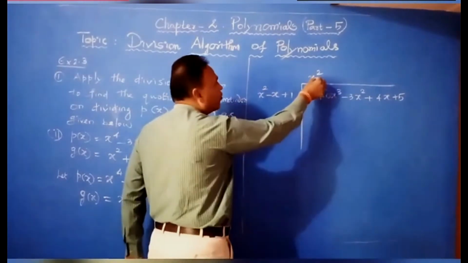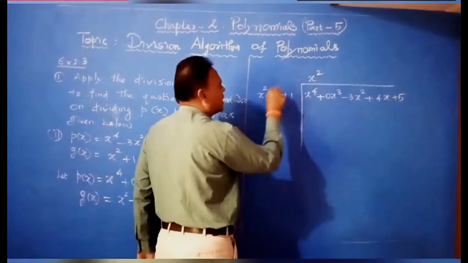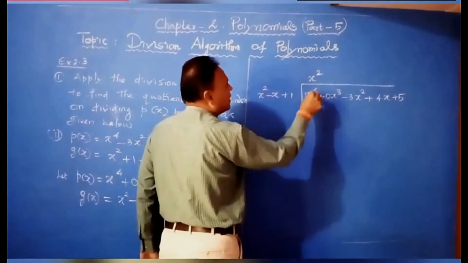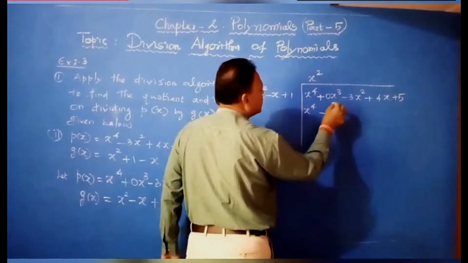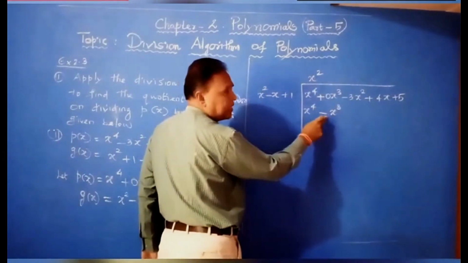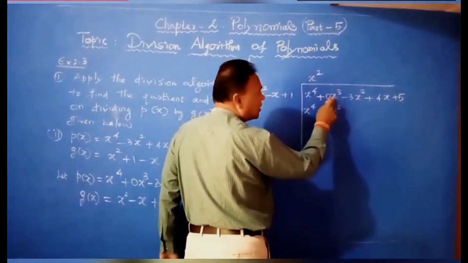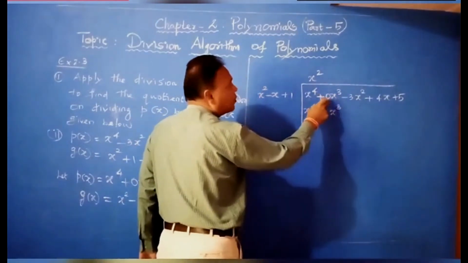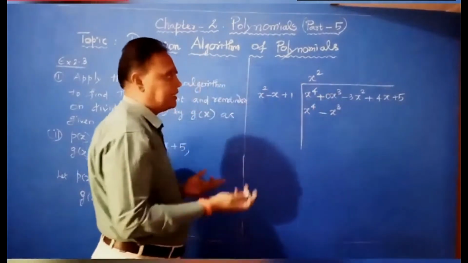Clear? Now multiply this with this polynomial. That means x squared into x squared, x power 4. x squared into minus x is minus x cube. You see here you are getting what? My x cube term. Suppose in this polynomial x cube is not there. Okay. So if you do not add this 0 x cube, then you will get confused where you will write.